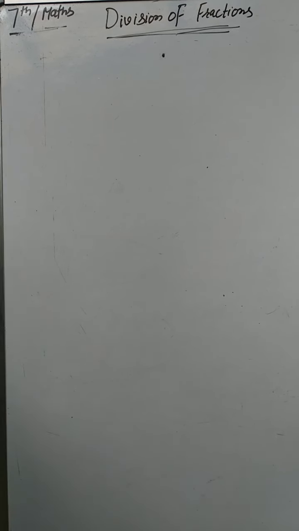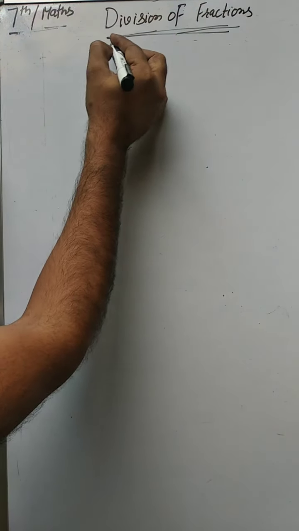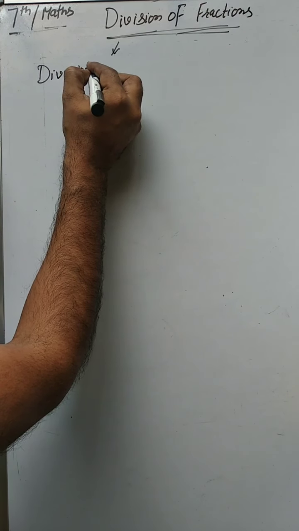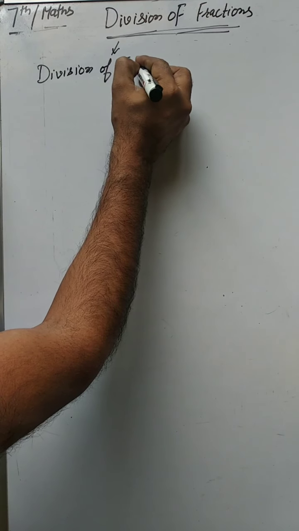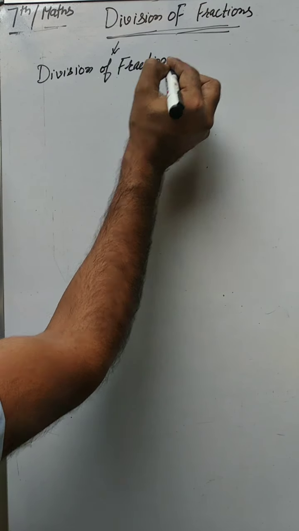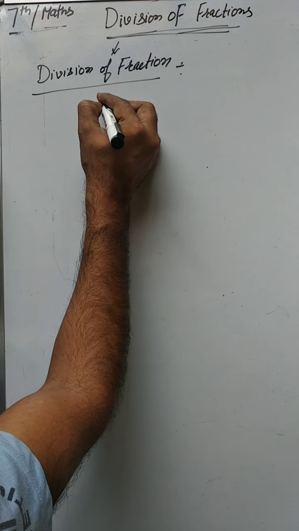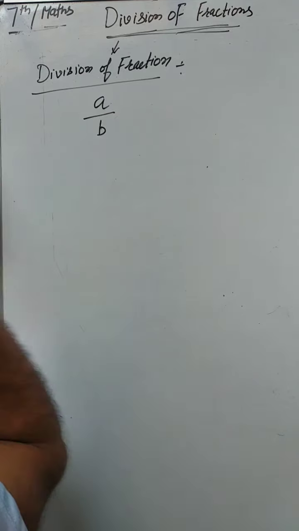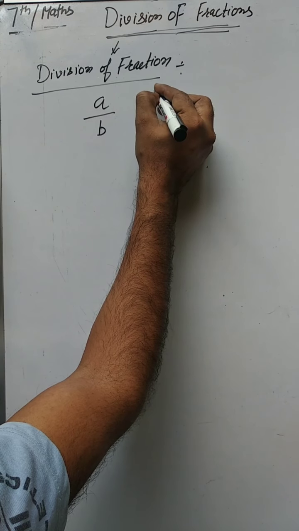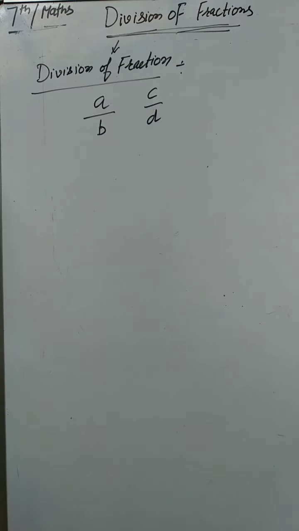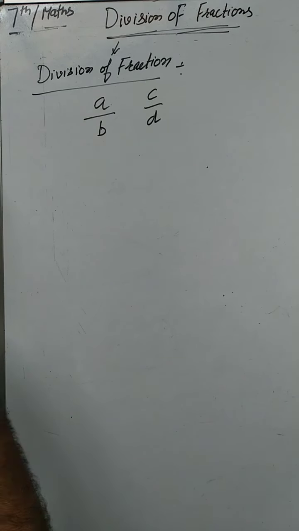Now beta, reciprocal is over. Now with the help of reciprocal, we will divide two fractions. Division of fractions. Understood clearly beta? Suppose I have two fractions. First is A upon B. Second is C upon D. I want to divide them.